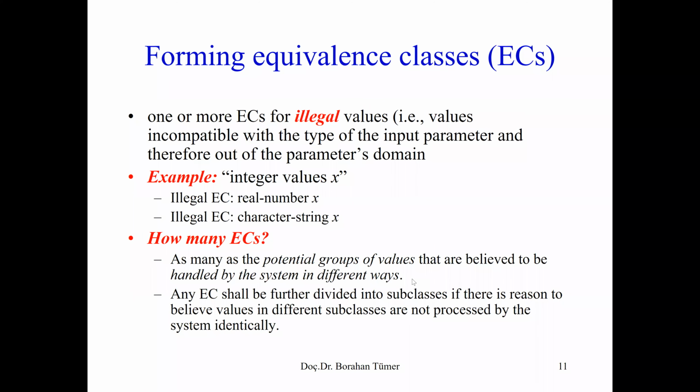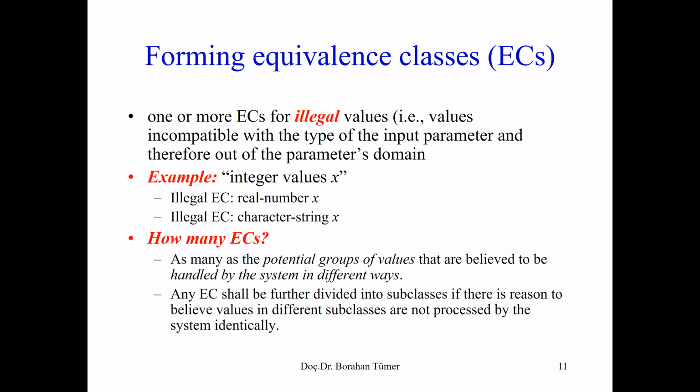So if, for example, we have infinitely many input values, theoretically, of course, but all these input values, we believe, may make the software system behave in, for example, 4 different ways. Then how many equivalence classes should there be for us to divide these input values?